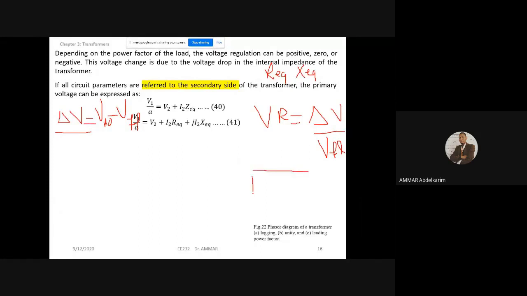This expression can be taken from the simplified equivalent circuit. For example, we have referred to the secondary, so the voltage of the primary becomes V1 over a, and we have a resistor and an inductor, and here we have a load.